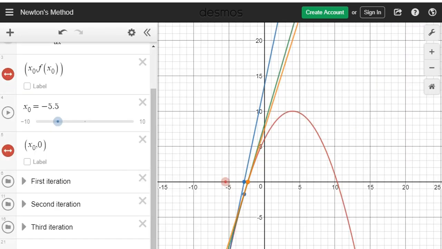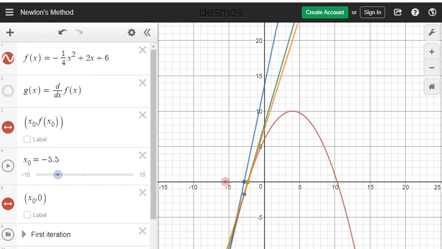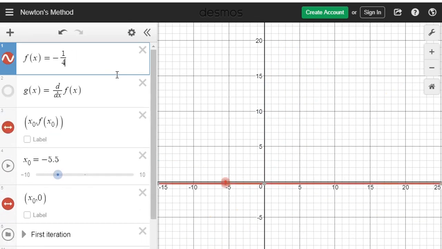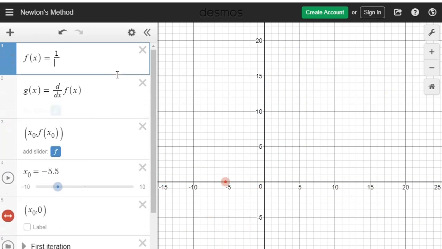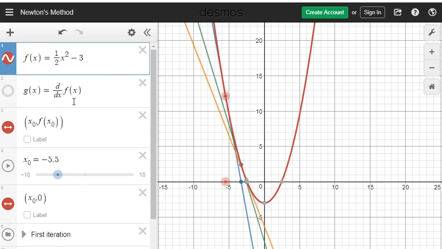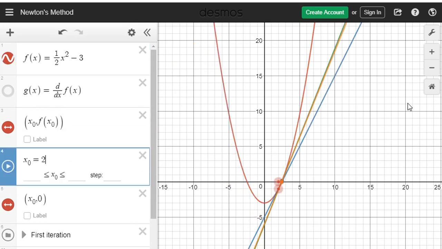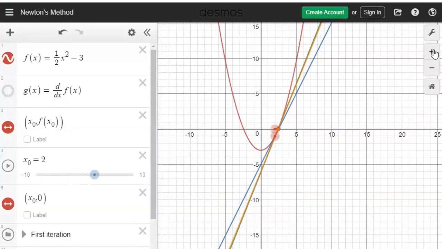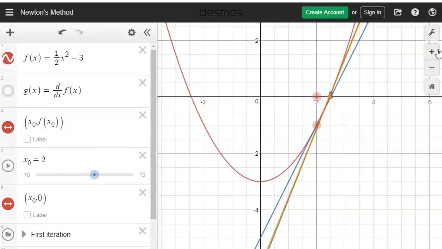So if I quickly change what happened here to show you the actual tangent lines, I will do that. So 1/2 x squared minus 3. And if I make x naught equal to 2, this is actually what was happening with our first, second, and third iterations.